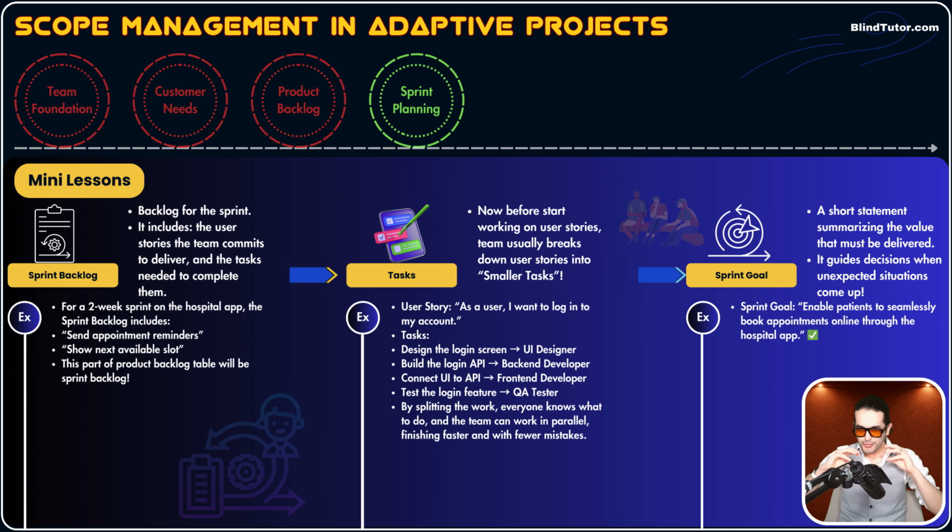Now, we have a tiny little statement for each sprint, which is called sprint goal. That sprint goal in one sentence explains what value completing this sprint will add to the whole project. This is a sprint goal.